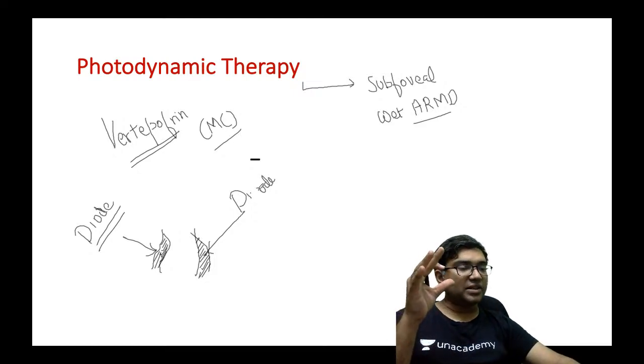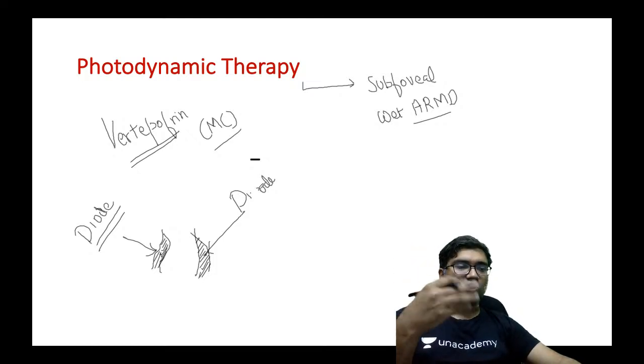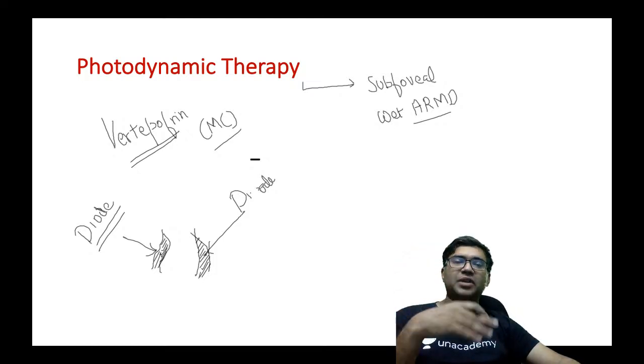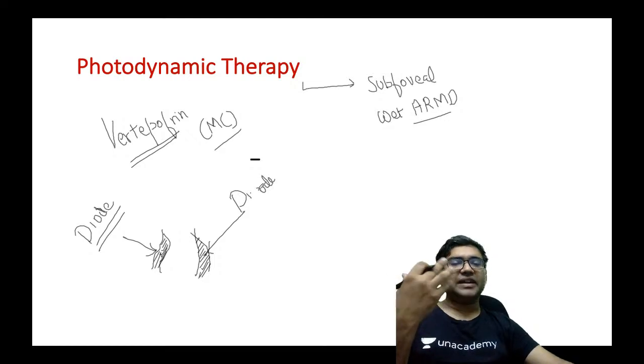Is it clear, Anurag, Dr. Binaya, Dr. Sneha? This is called photodynamic therapy. For those students who have just joined, I am repeating again: photodynamic therapy is used in subfoveal wet ARMD, where we use verteporfin dye and diode laser to coagulate the new blood vessels.